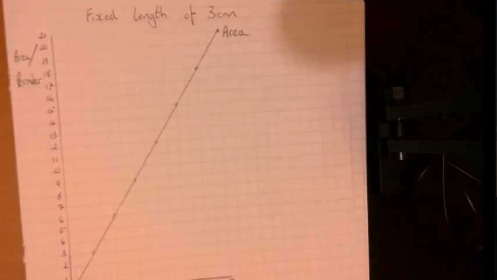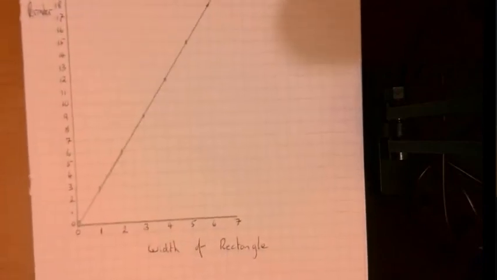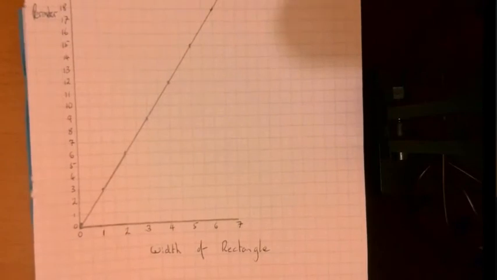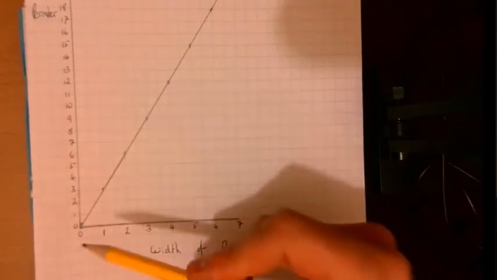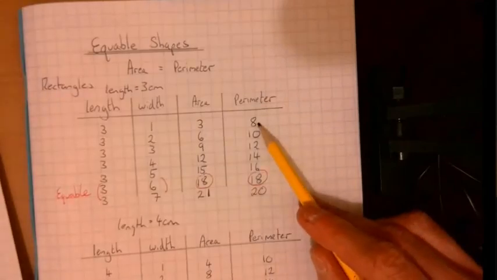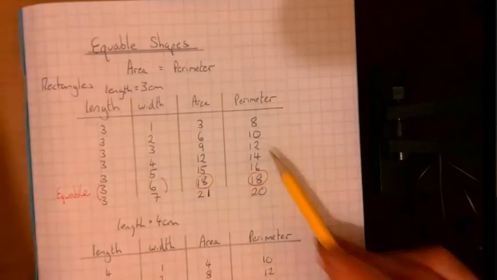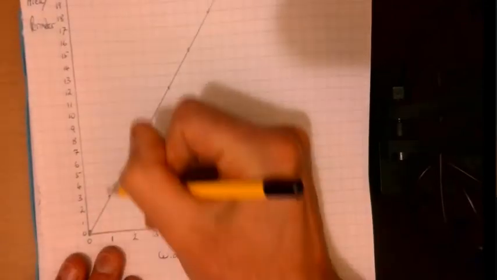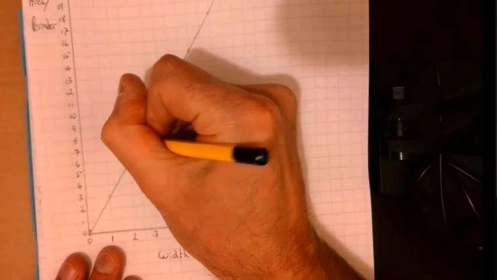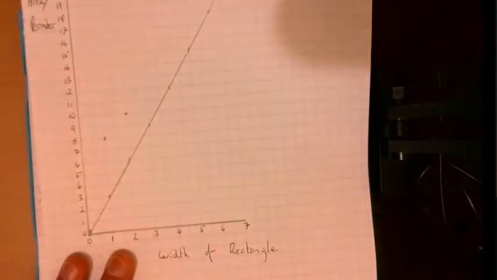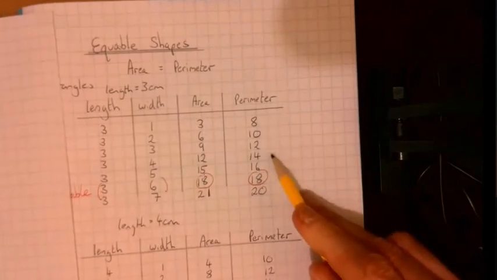And now I'm going to plot the perimeter on the same diagram. So the perimeter, for 1, it was 8. It was 10, 12. So for 1, it went to 8, and then 2 went to 10, 12, 14, 16.